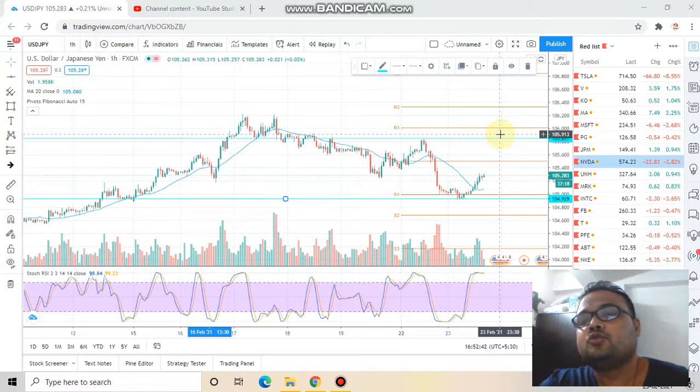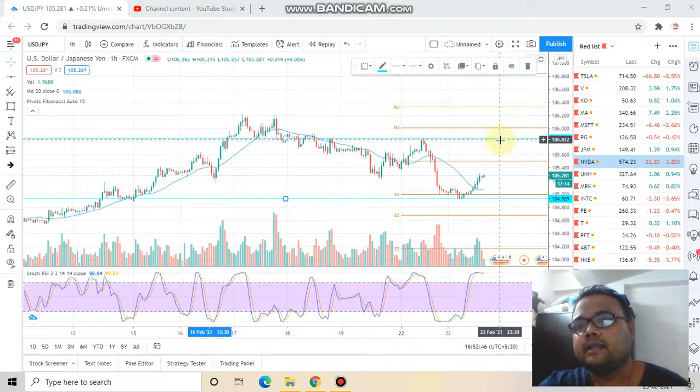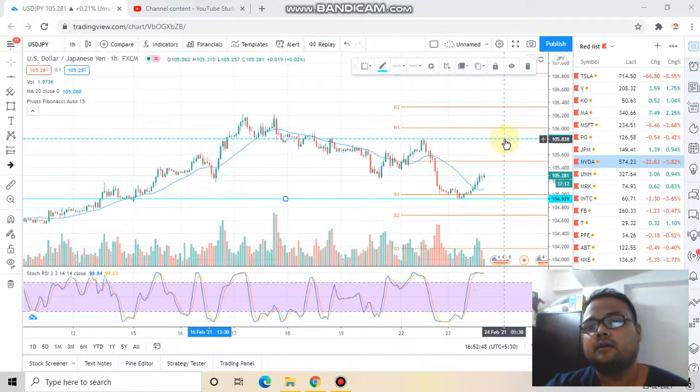Otherwise, you should wait for the confirmation. When market will hit this particular zone, you should wait for the sign, whether bulls are dominating the market or the bears are dominating the market.